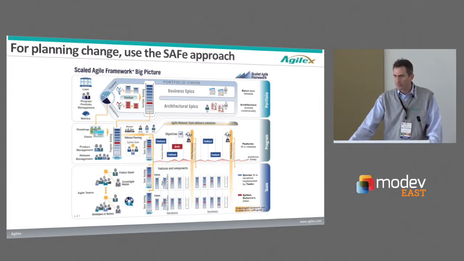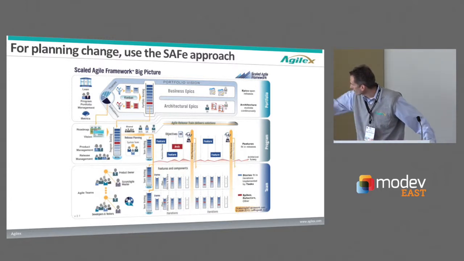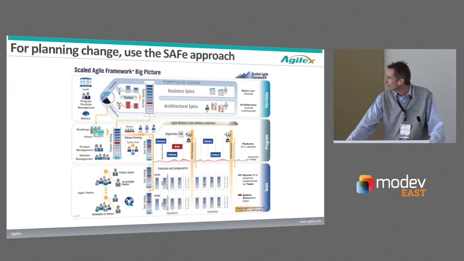So once we've gone through developing this strategy and this architecture, how do you plan the change? How do you implement both mobile application development and all these changes that are required? And this crazy diagram that you can hardly see because of all the light is called the Scaled Agile Framework.